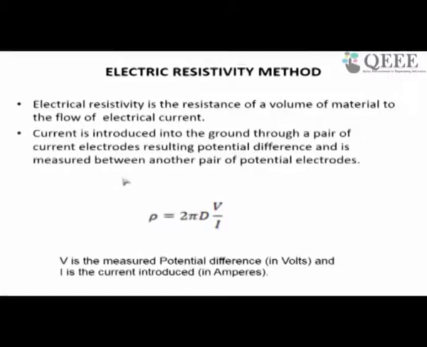So this resistivity helps us to characterize the ground, whether it is different strata or even the same strata, whether it is fractured or if there is any anomaly. That also can be characterized based on the change in the resistivity.